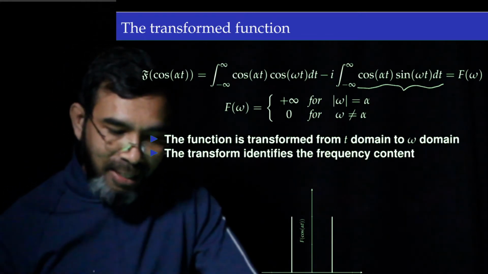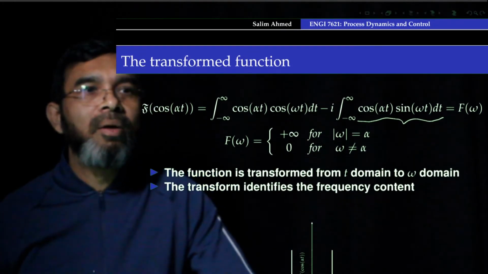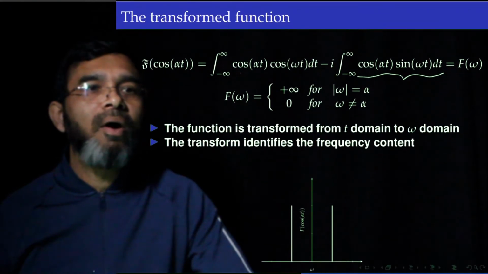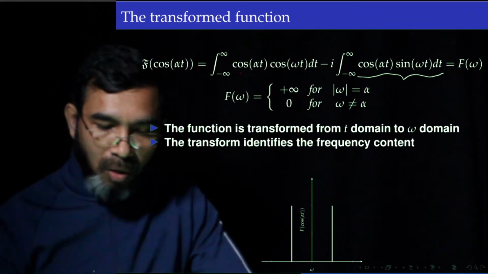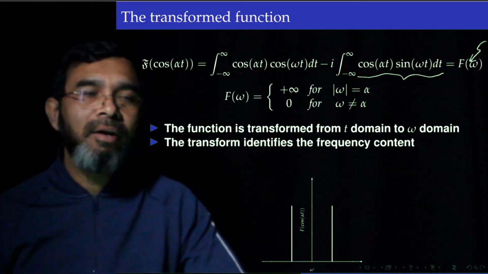Now if we add these two, the transfer function is no longer in the time domain, it's in the omega domain, meaning the frequency of the weighting function. So it's in the frequency domain.